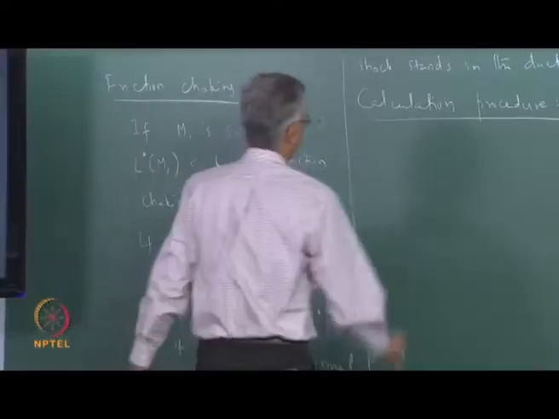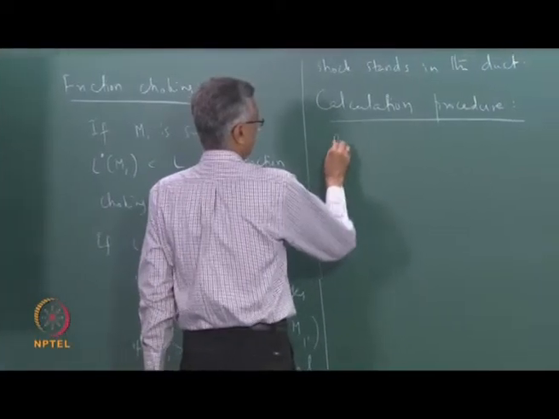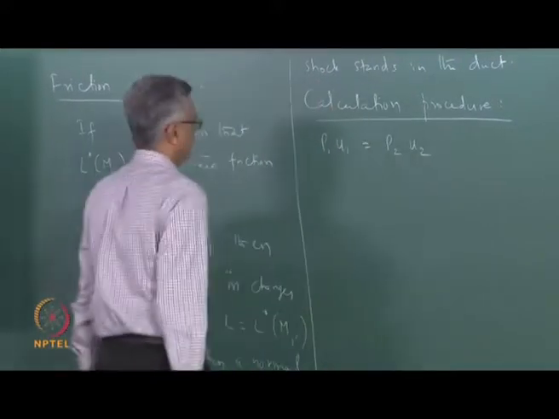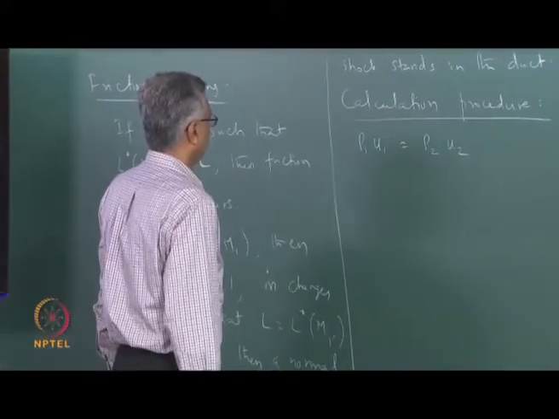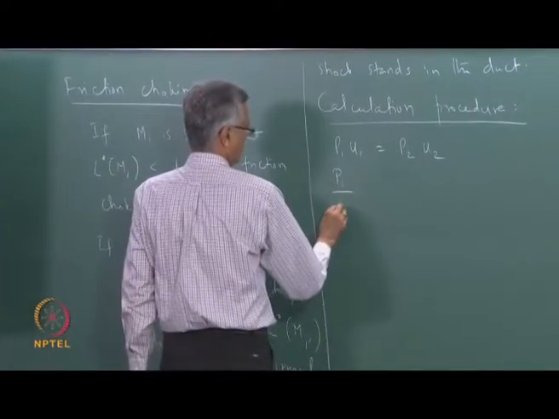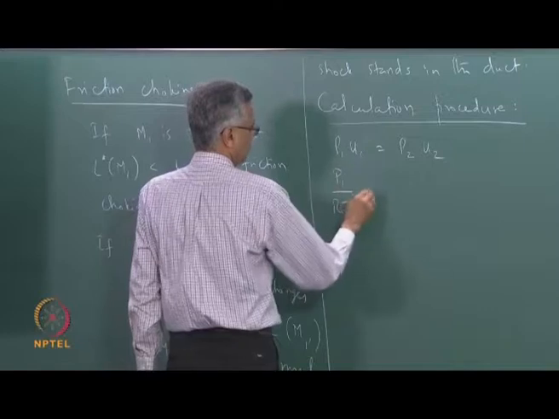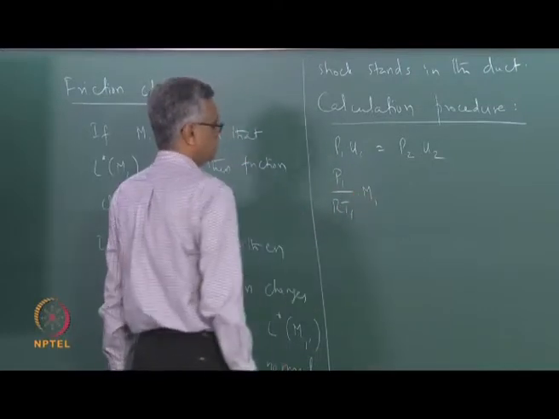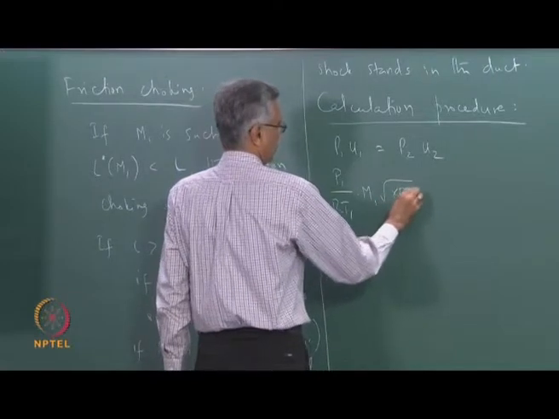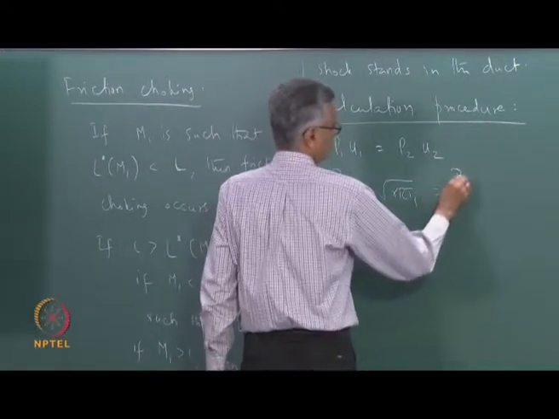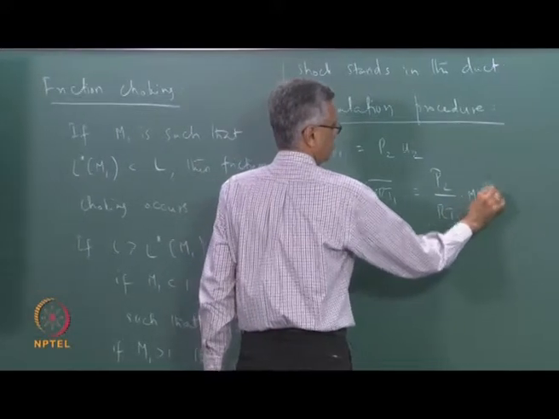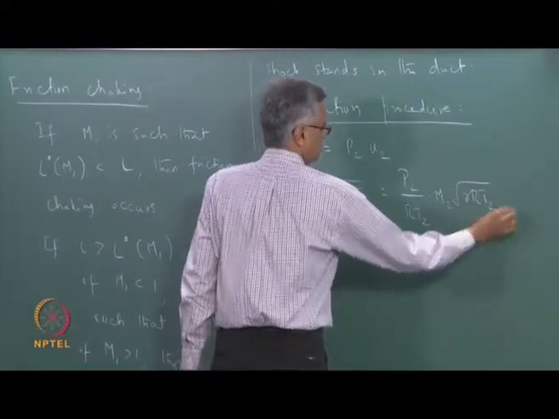If you remember from our governing equations, we had written down rho 1 u1 is equal to rho 2 u2, and if I substitute for rho 1 in terms of P1, I can write this as P1 over RT1, and for u1 I can substitute in terms of Mach number and the speed of sound. So, this is M1 times square root of gamma RT1, that is equal to P2 over RT2 times M2 times square root of gamma RT2.